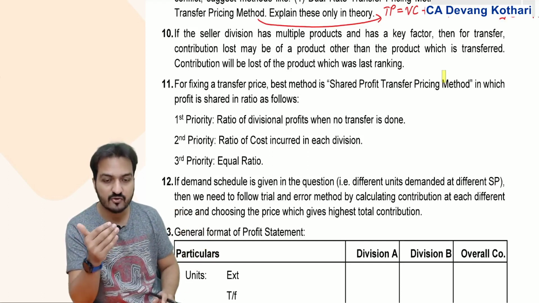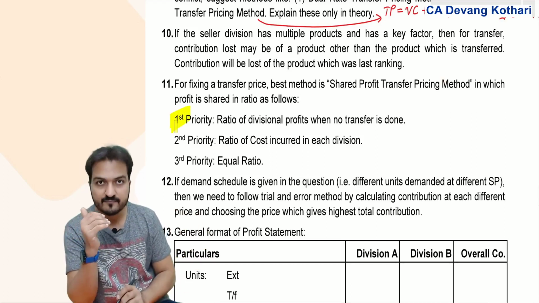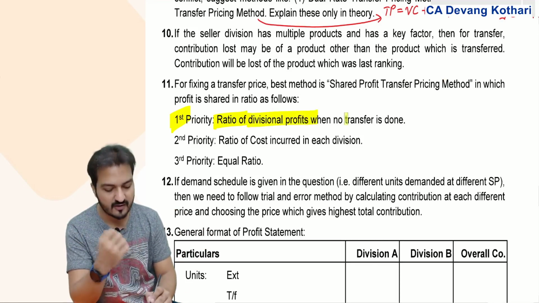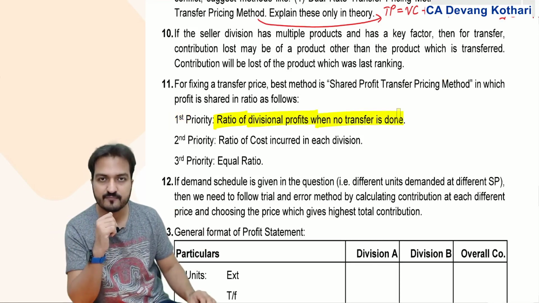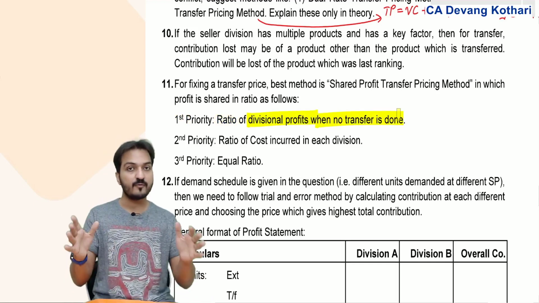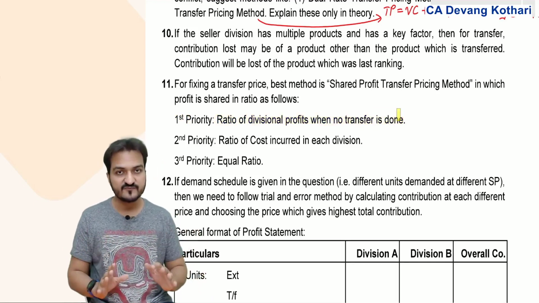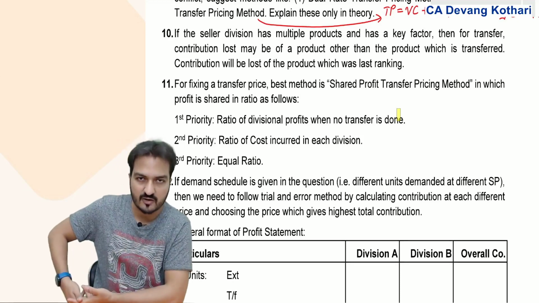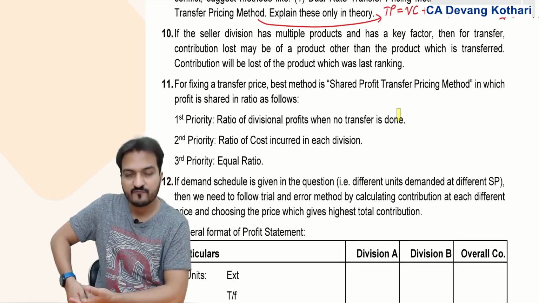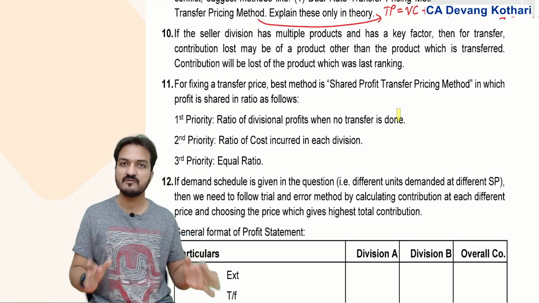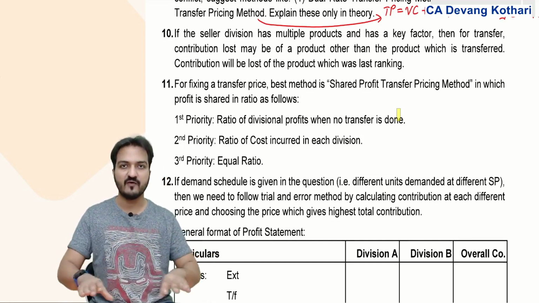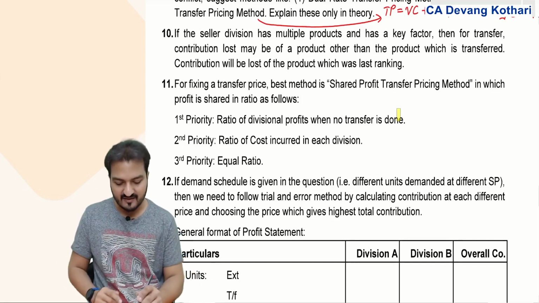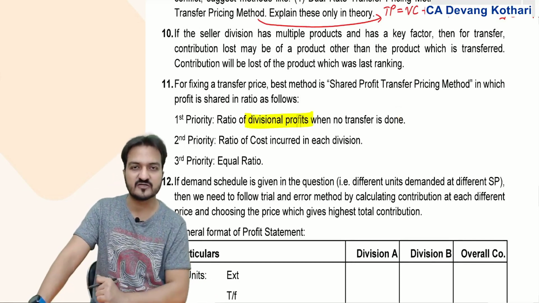Which ratio can you use? Well, first priority, you divide the profit in the ratio of divisional profit when no transfer was done. Look, the overall profit of the company with the transfer might be more than individual profits when transfer is not done. So this maximum profit of the company will be divided between division A and division B in the ratio of their divisional profit when no transfer was done.